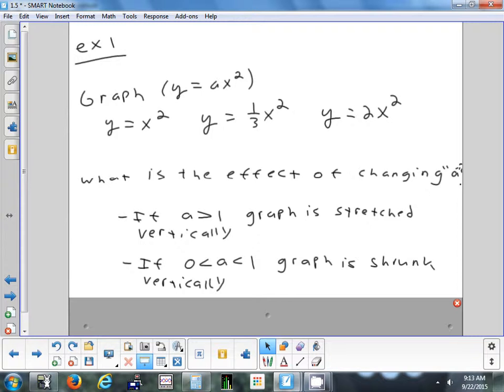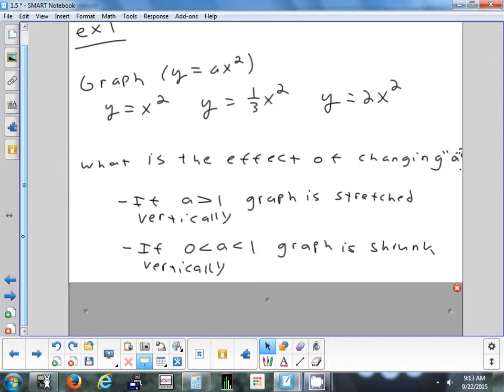Okay, like 1/3, 0.5, things like that. So any questions on what putting a number in front of x squared does? It's either going to stretch it or compress it vertically.